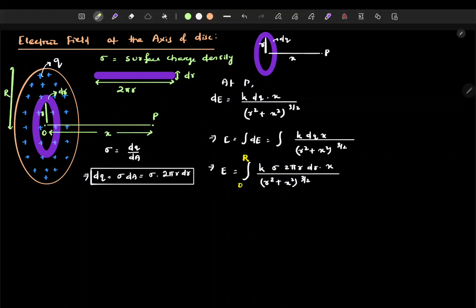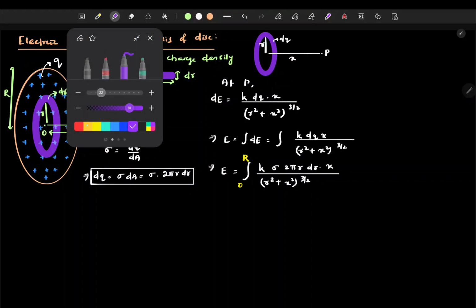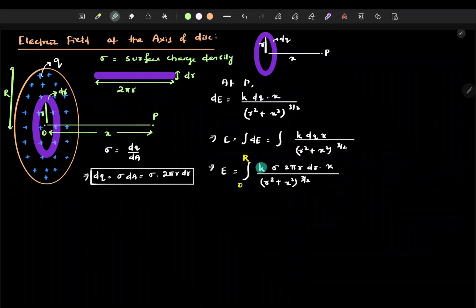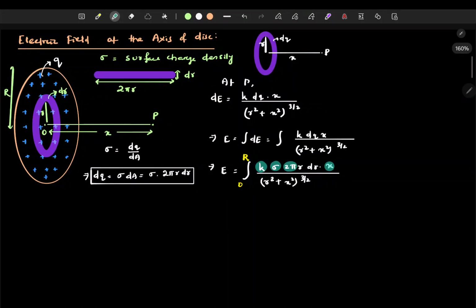So simply we have to do the integration in a very smooth manner. Listen to it properly. Which one is the constant quantity inside this? Okay, find out the constant value. Constant is k, then 2 pi, yes. Another constant is sigma, the surface density constant. Another constant is x. So sigma 2 pi kx is constant.